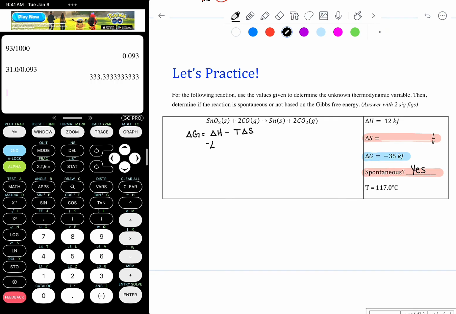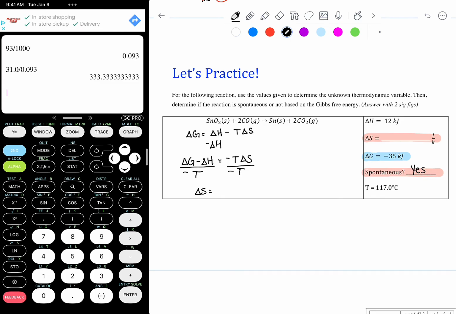So I'm going to subtract off delta H, and I get delta G minus delta H is equal to negative T delta S. In order to isolate delta S, I'll divide both sides by negative T. So I get that delta S is equal to delta G minus delta H over negative T.